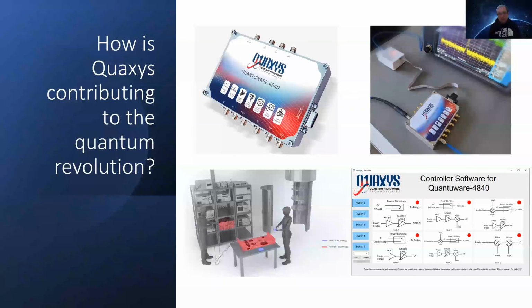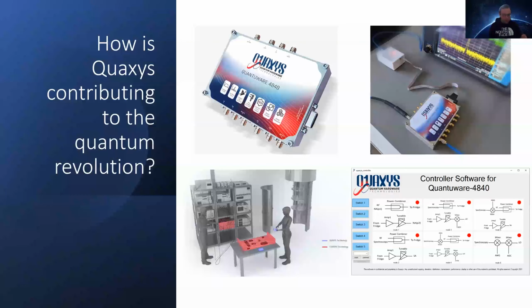And this is a plug and play box. You just put this box in the lab, connect your microwave cables, and start doing measurements. Using this software, which you see here in the bottom right-hand side, you can simply click on a certain control and measurement scenario, and everything will run automatically without code or anything.